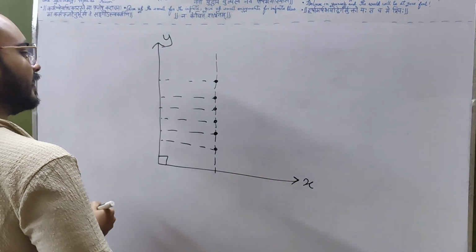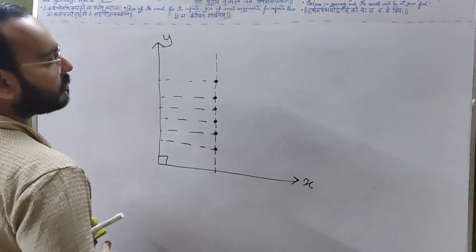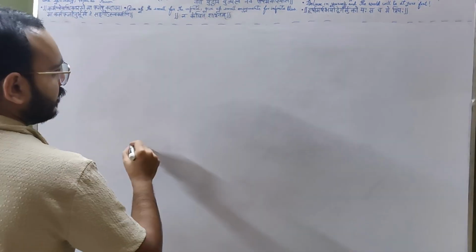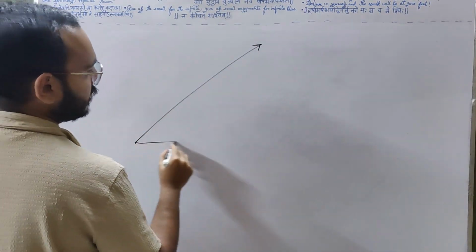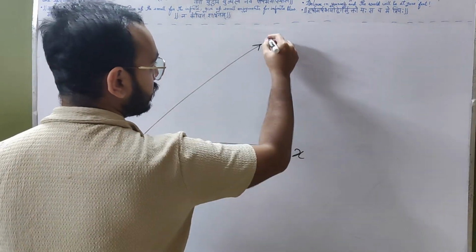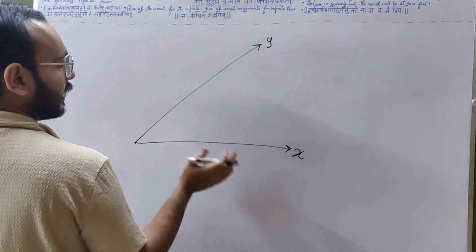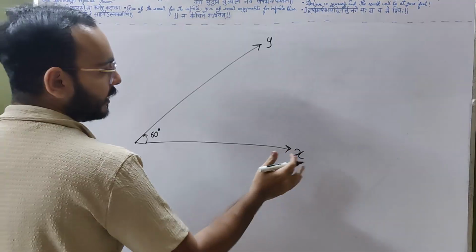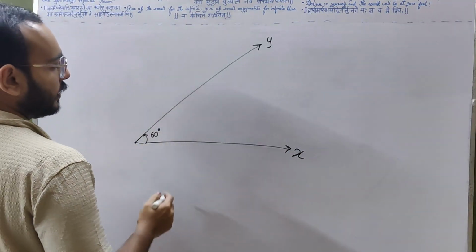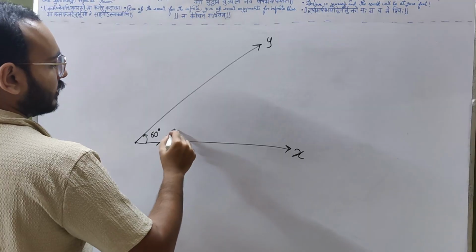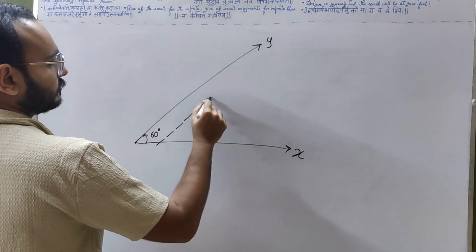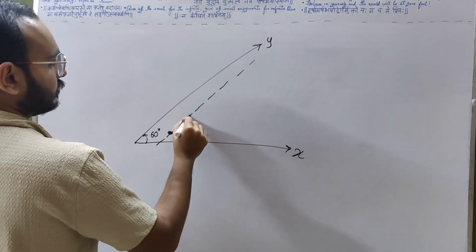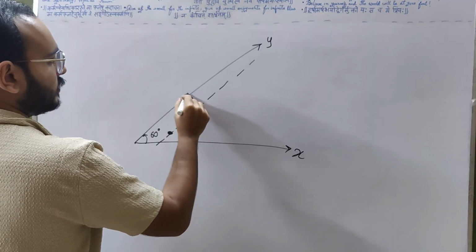Okay. Now, if I shift into an oblique set of coordinates, what will happen? Now this is the oblique set of coordinates, such that this is x and this is y, and this y is inclined at an angle of 60 degrees to the x direction. Now, if I move along the y direction, each point on this corresponds uniquely to y.